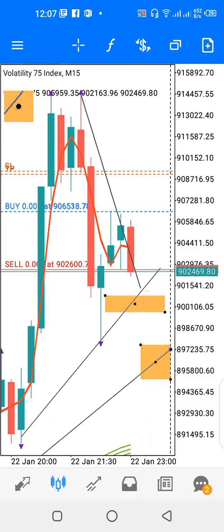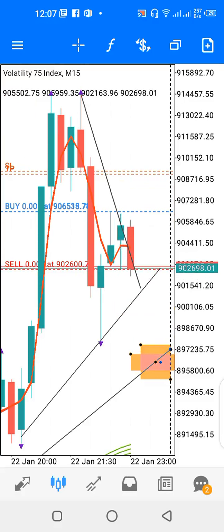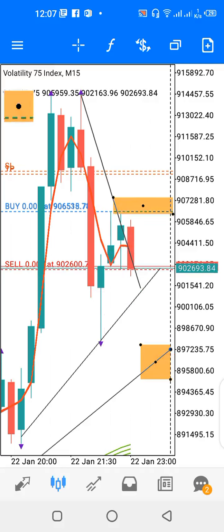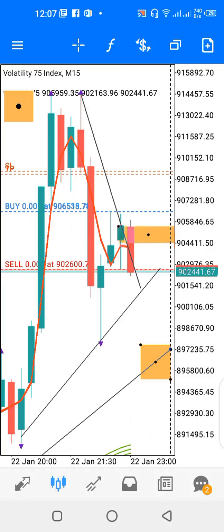I do not want price to go down. I want price to continue up. But we can also take this as a retest of the breakout to the higher side. So if it retests the breakout, then it is expected to go up.